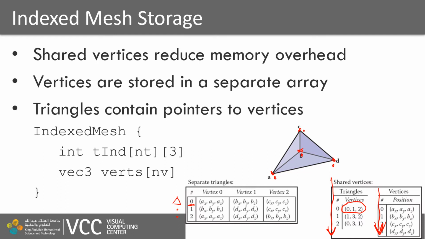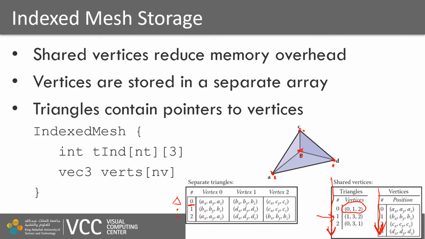And for triangle 1, we will have similar information stored, namely, again, indices into the array of vertices to the positions on which the vertices of this triangle are to be found.